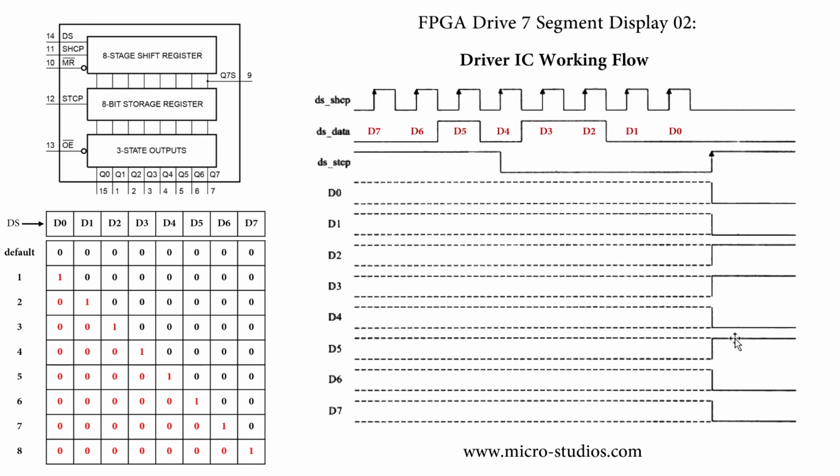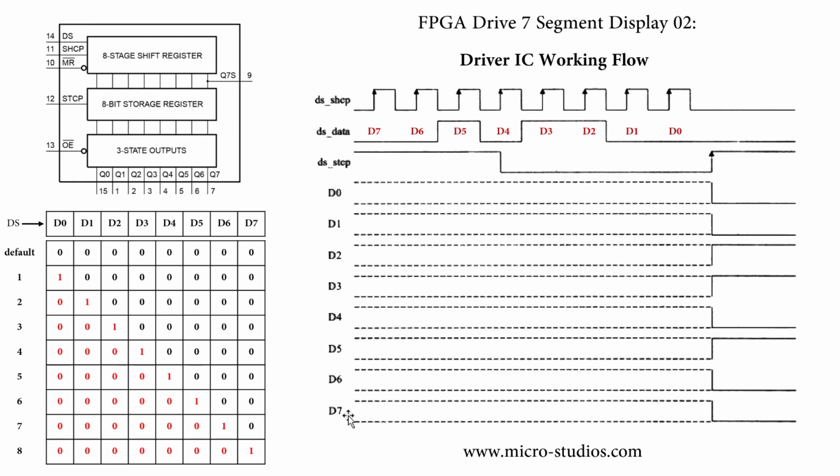And this is high. And this is data 4. And this is low. Data 3 is 1. Data 3 is 1. Data 2 is 1. Data 2 is 1. Data 1 is 0. Data 1 is 0. Data 0 is 0. Is 0. So the data is exactly matched here.